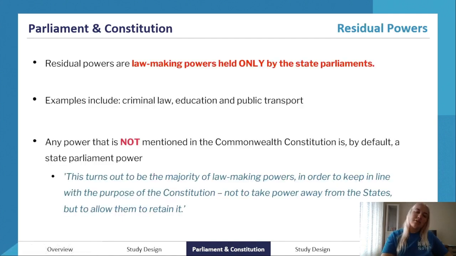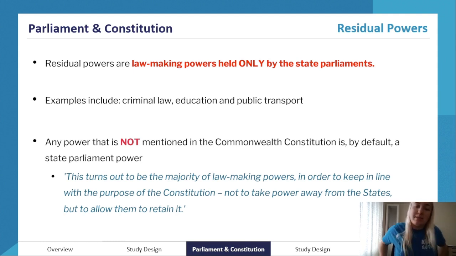Okay, so we looked at exclusive powers, which belong exclusively to the Commonwealth, and concurrent powers, which are powers that are held both by state and Commonwealth parliaments, and now we have residual powers left. And I mentioned that the majority of lawmaking areas are actually residual. So most lawmaking power is held by state parliament.